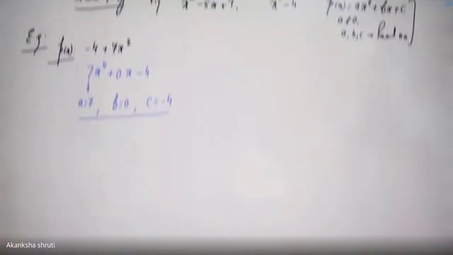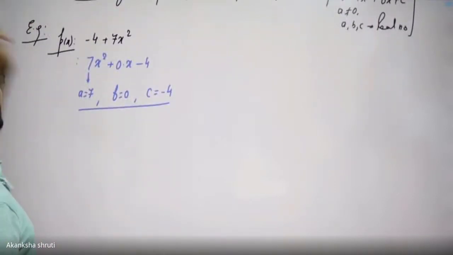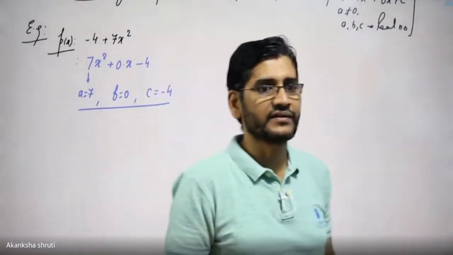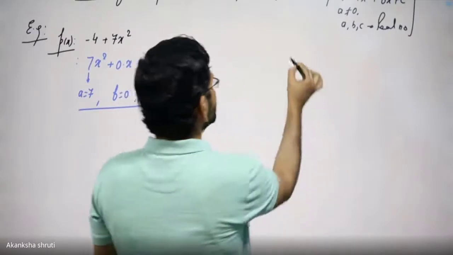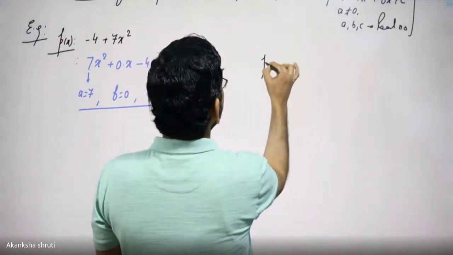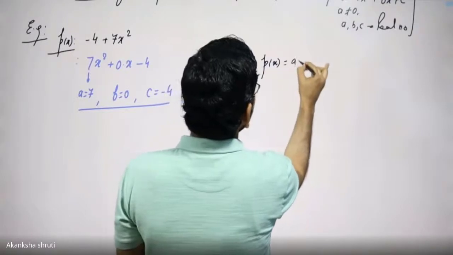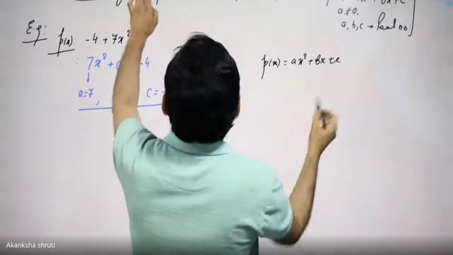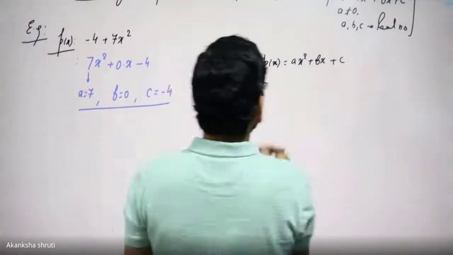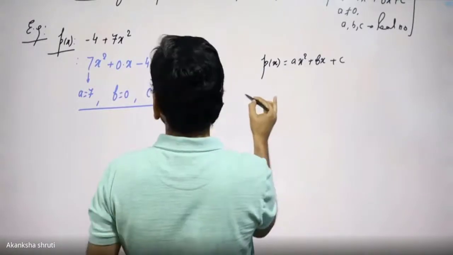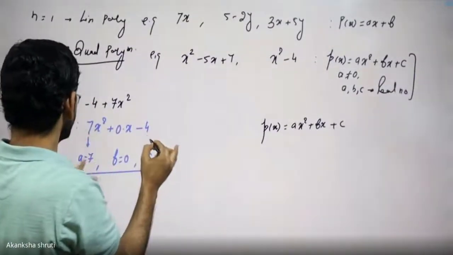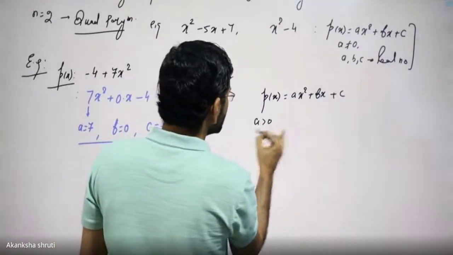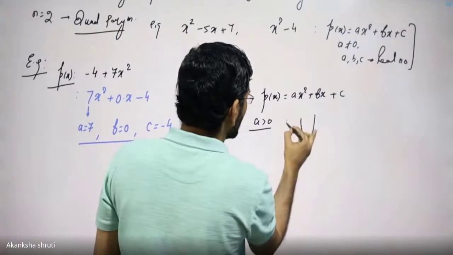Students, for this polynomial, if we draw the graph, though the chance of asking the graph is very rare, if p(x) is ax square plus bx plus c, this is the standard form. If a is positive, like here, the graph will open upward.